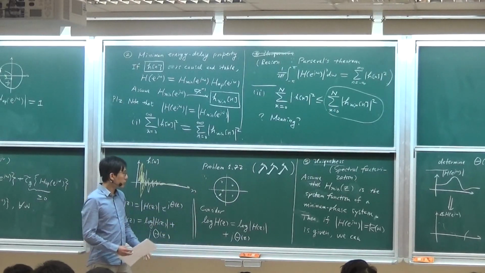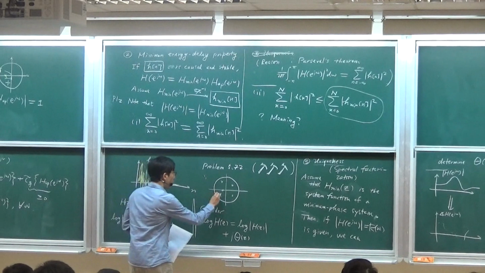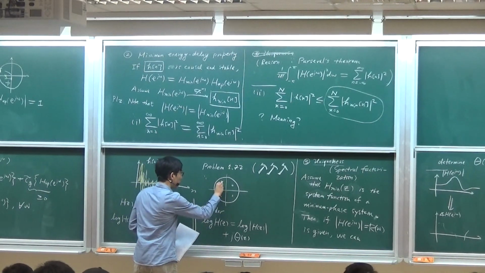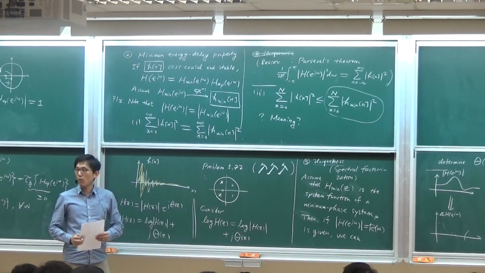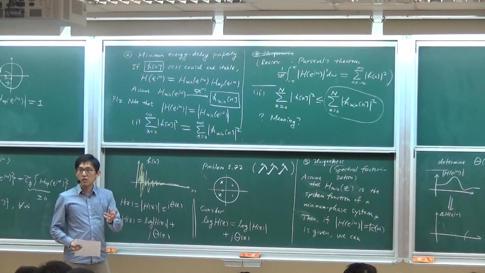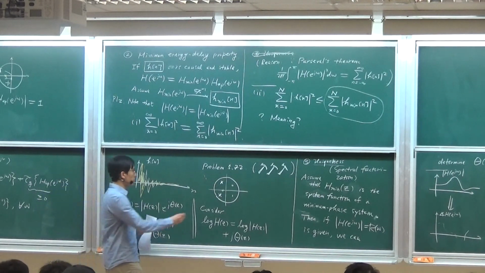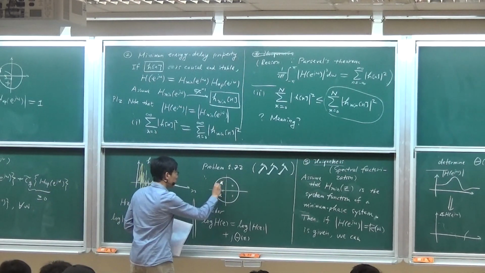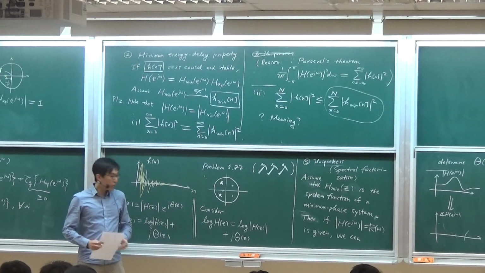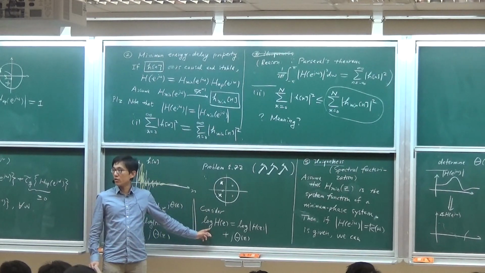The singularities have two possibilities. One, where the original h of z has a pole, there h of z is already not evaluable. For the pole places, you cannot evaluate h of z. Therefore, you cannot evaluate log of h.